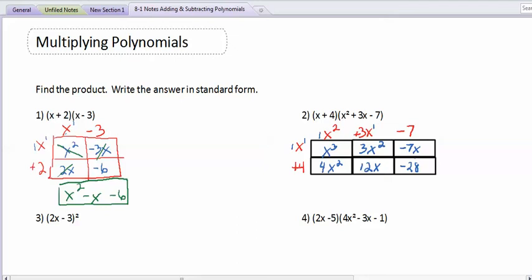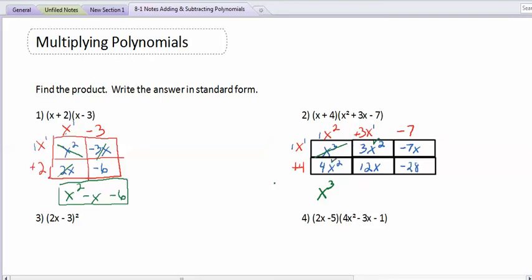The next step is to combine like terms. So I'm going to find my cursor here somewhere. There it is. Okay, so now I'm just going to write it in standard form using the biggest exponent first. So I've got x to the 3rd, and there's just this one x to the 3rd. So I did that one. I'm going to cross it off. I used it. Then I have x to the 2nd right here, and x to the 2nd right there.